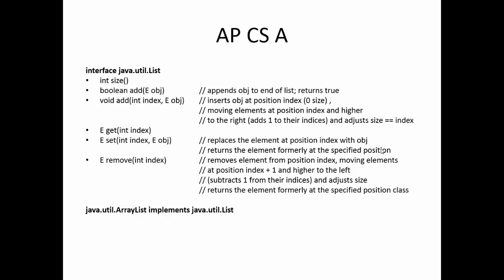There is an add method that doesn't return anything, that allows you to add anywhere within your list. And the nice thing about that is it actually shifts everything over to the right and then puts your element in the spot that you specify by the index. Notice that both those functions specify the data type that's being passed to it as E. I think Dr. Perulli mentioned this.